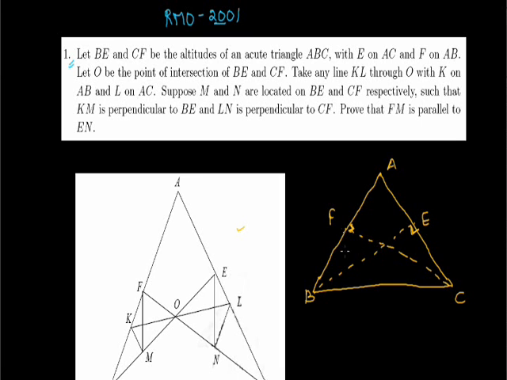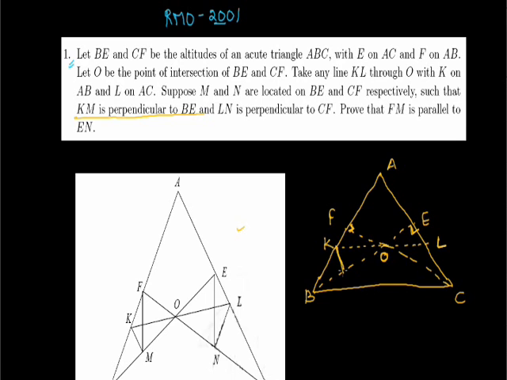That is 90 degree. अब take any line KL through O. इनके intersection को मैंने कह दिया है O. Now I have to take any line KL जो K is on AB. That is I'll be marking K here and L is on AC. So I'll be marking it as here. Now also given that KM, this line KM is perpendicular to BE.